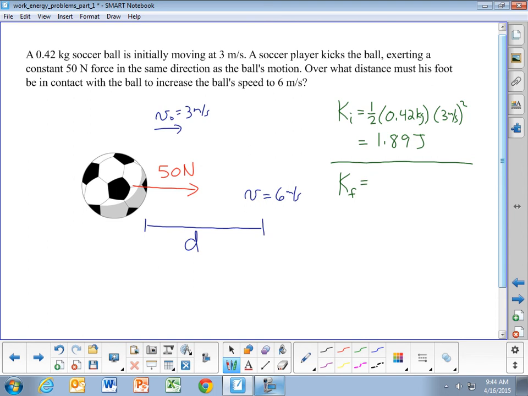So my final kinetic energy is 1/2 times the mass of 0.42 kilograms times the final speed, 6 meters per second, that speed squared. And so my final kinetic energy is 7.56 joules.